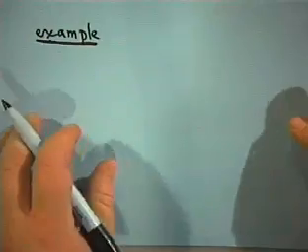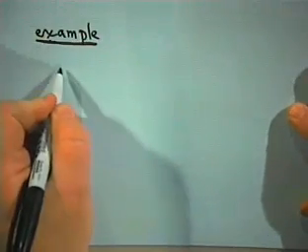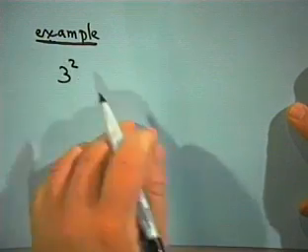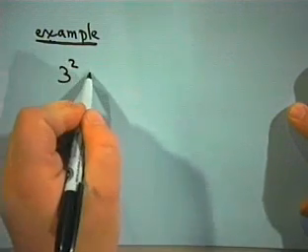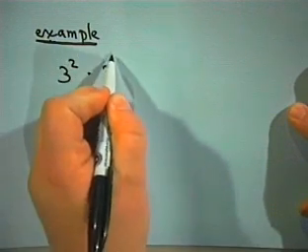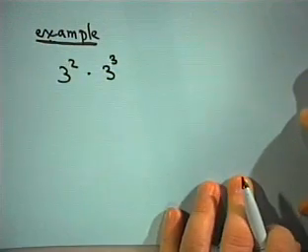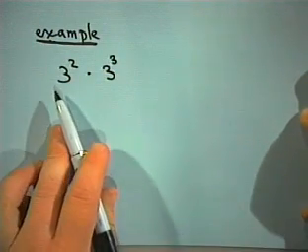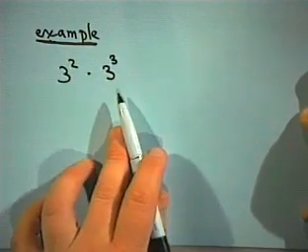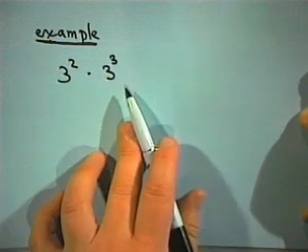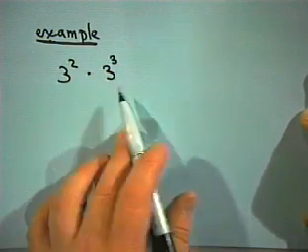Now, of course, we're going to work some examples, and we're going to start with a numerical example much like the one we opened with. Let's take 3 to the 2nd power and multiply it by 3 raised to the 3rd power. What we have is 2 exponentials. They have the same base, and that base is 3.